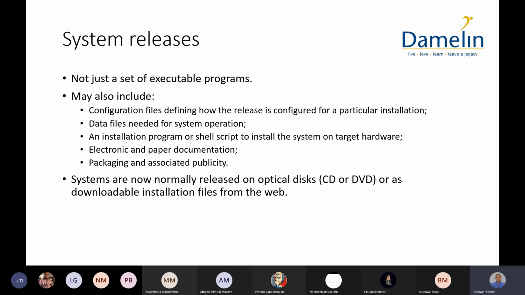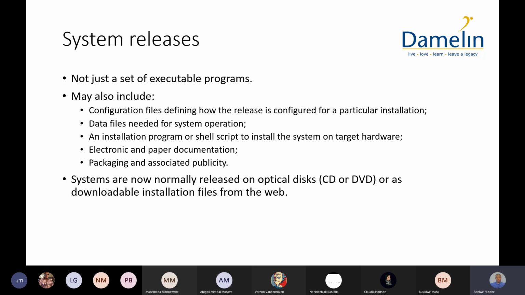These include configuration files defining how the release is configured for a particular installation. When you talk about configuration files, we're also talking about documentation. How is the system documented? If you're going to be giving something to end users, there needs to be some sort of documentation speaking to how it should be installed, what the prerequisites are, and so forth.